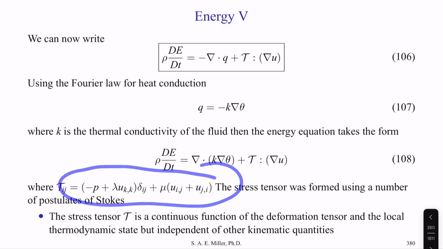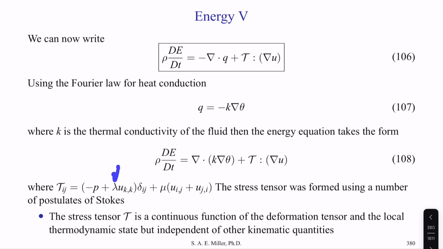It involves static pressure, P, viscosities, which are probably strongly dependent on temperature itself, the Kronecker delta function, which is just 0 or 1, depending on if k is not equal to j, or i equals j, and then these two velocity derivatives with space.